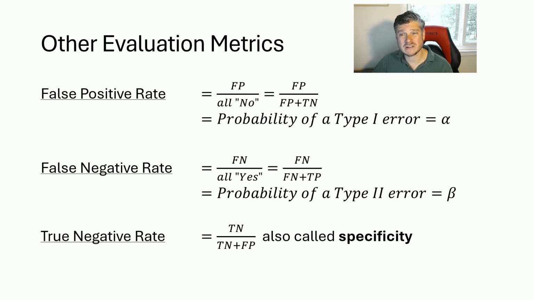And then we could also look at the true negative rate. This actually does show up in a bunch of contexts, especially when we talk about how we want to train our model in terms of sensitivity versus specificity. Our true negative rate is the true negatives divided by the true negatives plus the false positives. And this comes up a lot in medical testing, which one is more important.